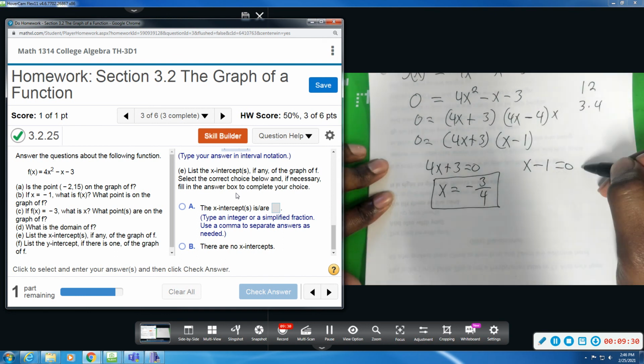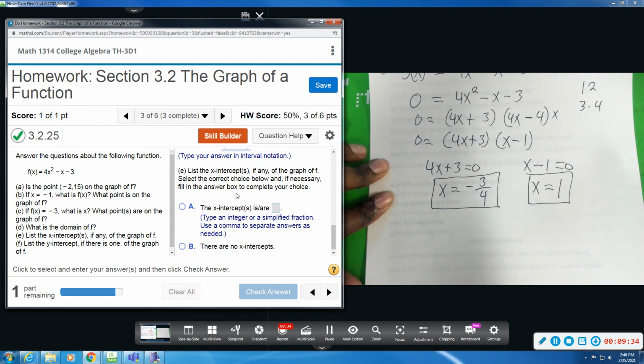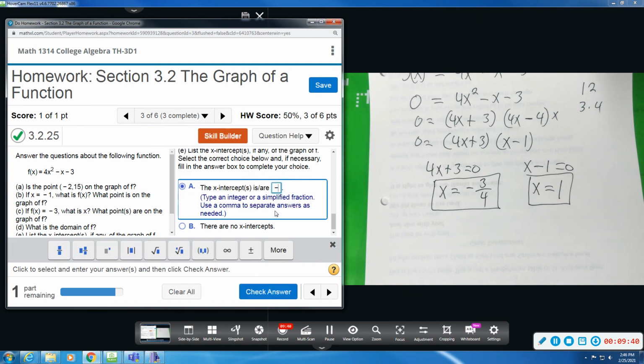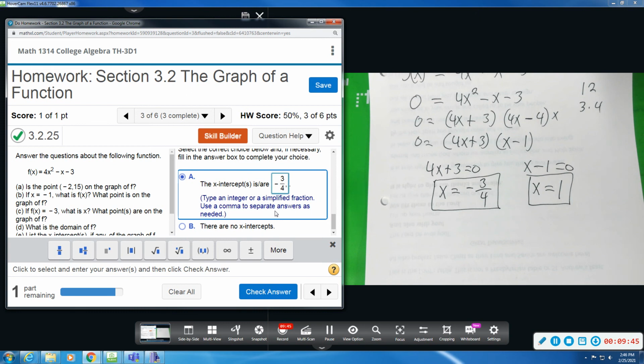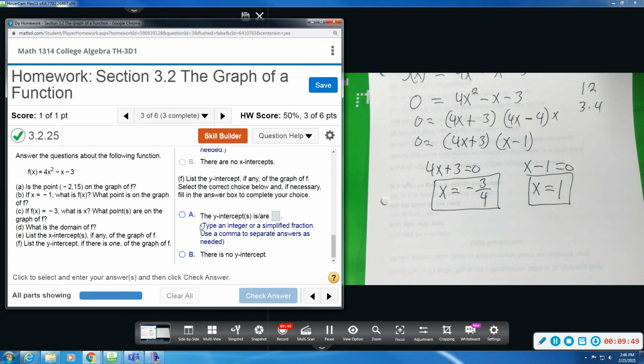And then we just add 1 here, so we get x equals 1. So here are our 2 x-intercepts. So we're going to do -3 divided by 4, then comma, +1.